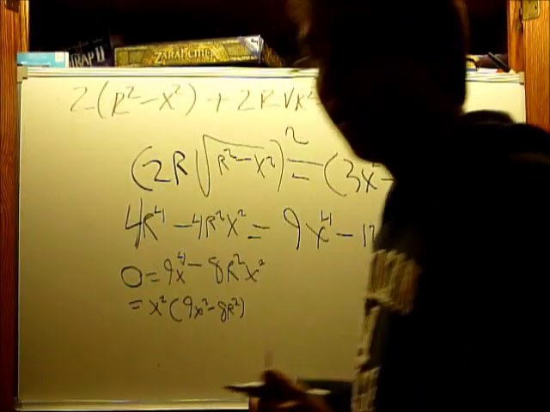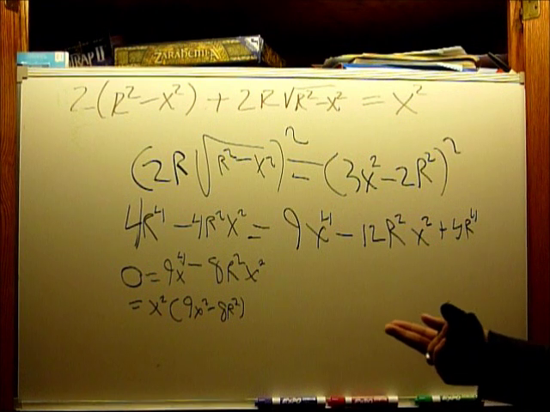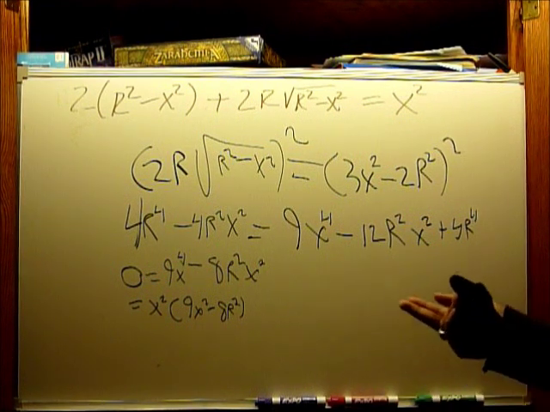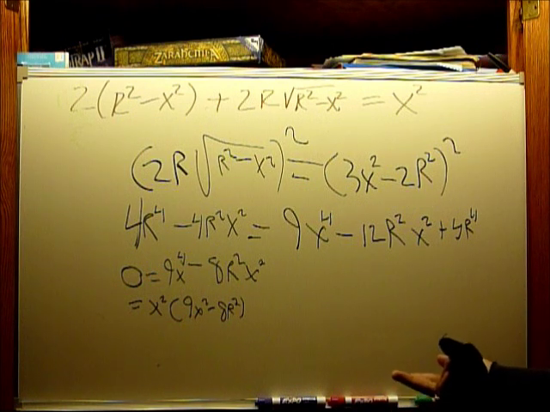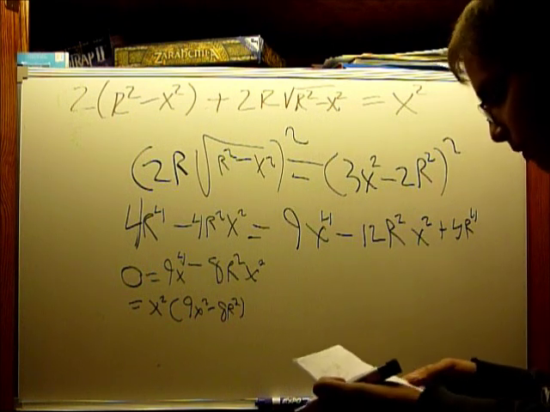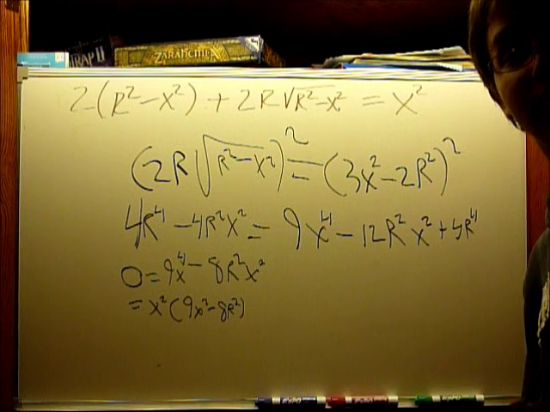Now notice we're trying to optimize the radius of this cone, so a radius of 0 wouldn't do us much good, so the radius cannot equal 0 in this case. So now I'm going to set it back equal to 0 and solve it.